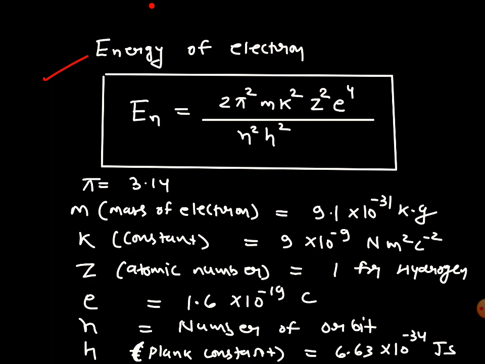Here I have mentioned what all these quantities are: m is the mass of electron, k is the electrostatic constant, z is the atomic number, e is the charge on one electron, n is the number of the orbit, and h is the Planck constant.